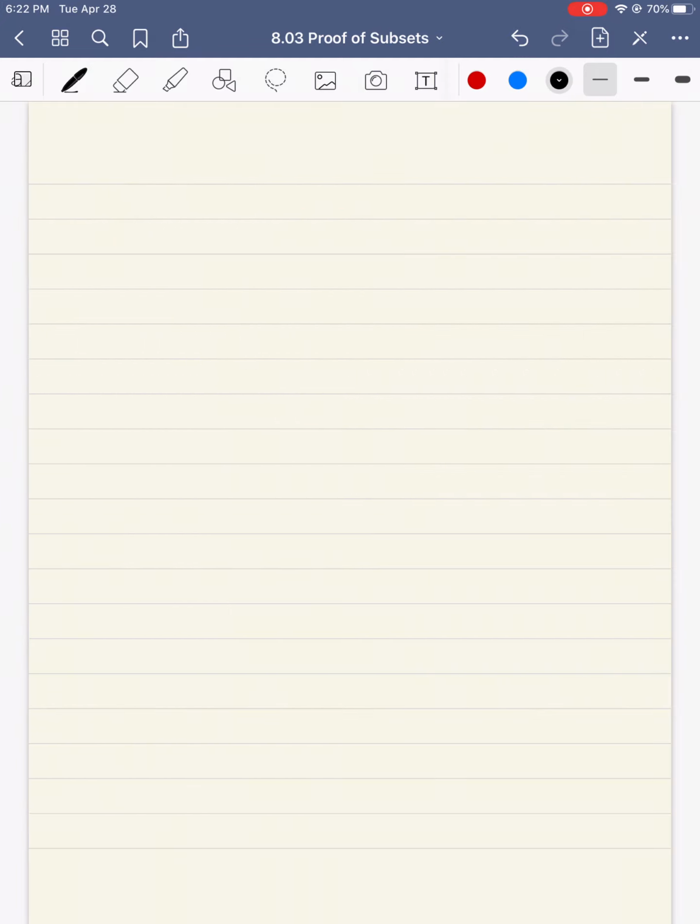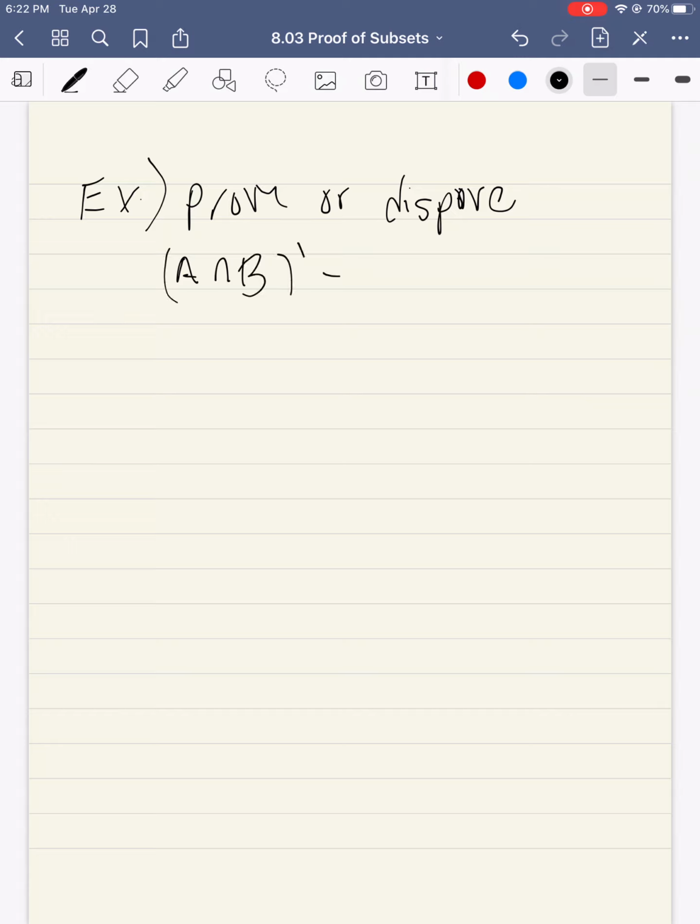All right, so looking at another example here, we want to prove or disprove that (A intersect B) complement is equal to A complement intersect B complement.